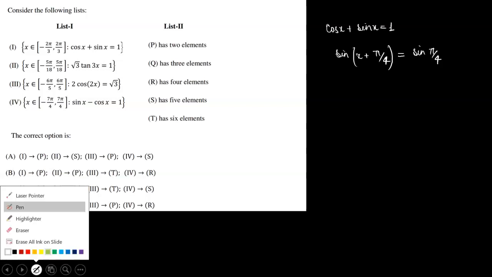After transforming this equation, we will have sin of x plus pi by 4 is equal to sin pi by 4. So for the general solution of this equation, we will have x plus pi by 4 is equal to n pi plus minus 1 to the power n pi by 4.